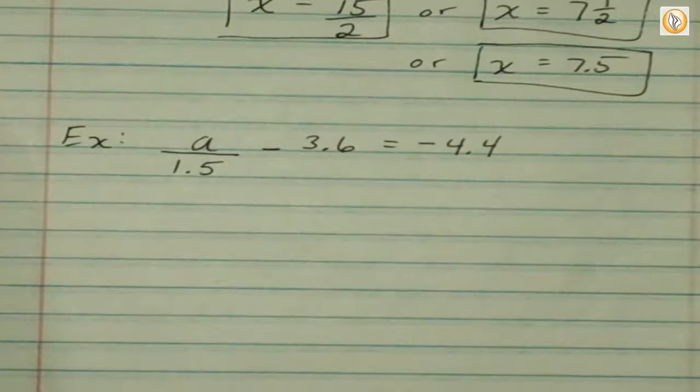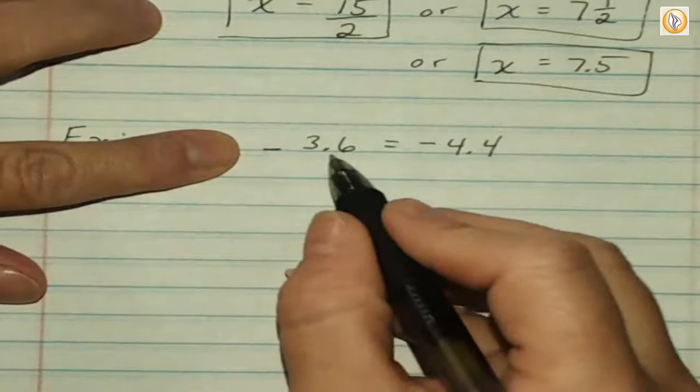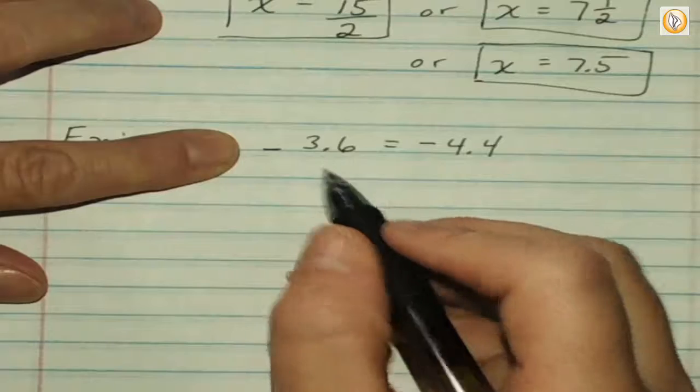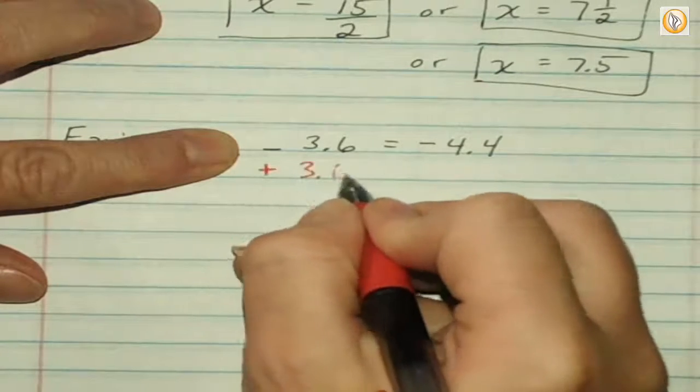Subtract 4.4 by 3.6. Is 3.6 negative? You tell me. Yeah, negative. Add 3.6. Okay, so we have negative 3.6, right? So what are we going to do, Taylor? Add.